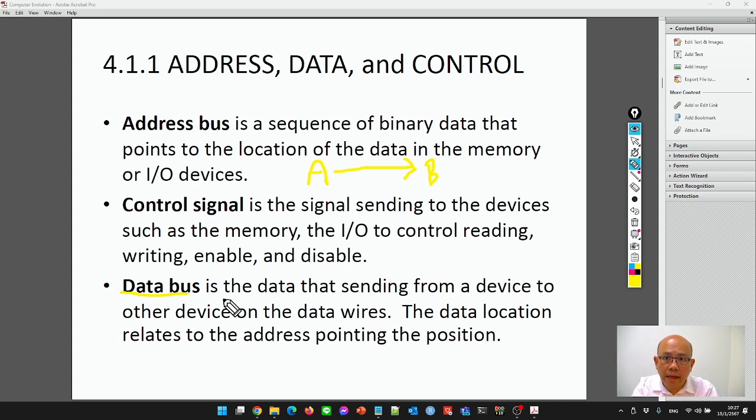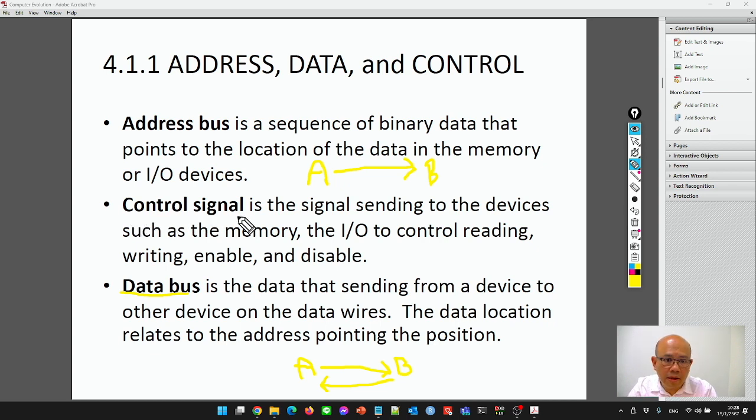The data bus is communication that sends and receives, called bidirectional communication. For example, I have device A and device B here. A sends to B, and B can send the data back to A. This is bidirectional. And the last is the control signal.